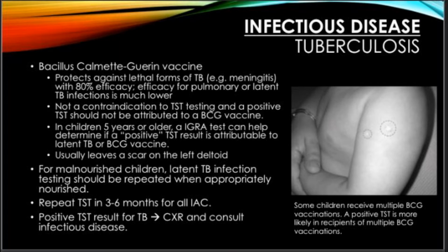I mentioned it before, the scars on the left deltoid; it's sometimes common for kids to have multiple BCG vaccines. The more vaccines they get, the more likely they are to be positive on the tuberculin skin test, so it's important to look for all those. Again, with a positive TST, if you're worried about active disease, you want to get chest x-rays and start talking to your infectious disease docs about treatment.